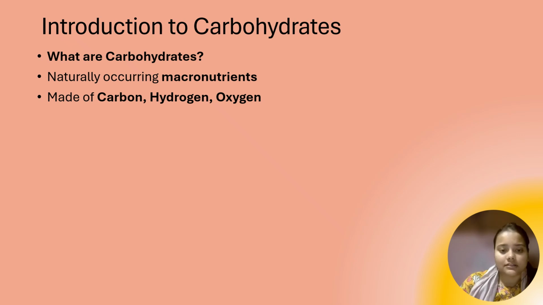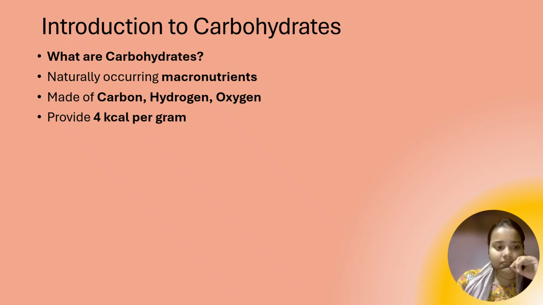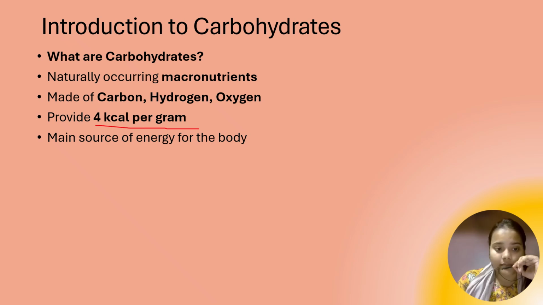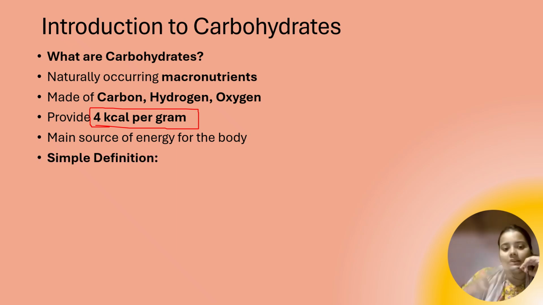Carbohydrates are made up of carbon, hydrogen, and oxygen, and they provide 4 kilocalories per gram of energy. The main source of energy of the body is carbohydrate. These basic things you should know so that you can answer the question properly in your own way.